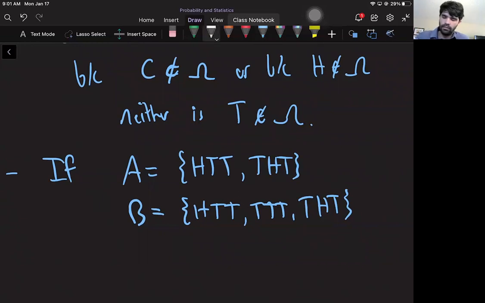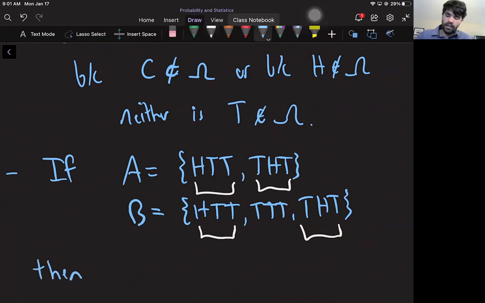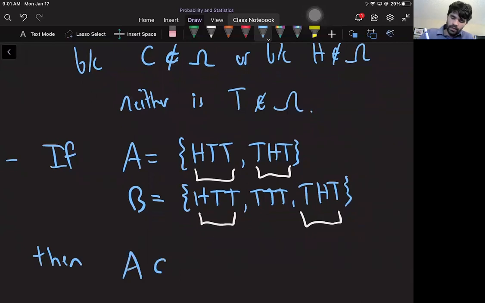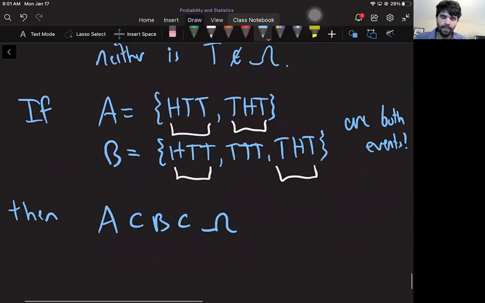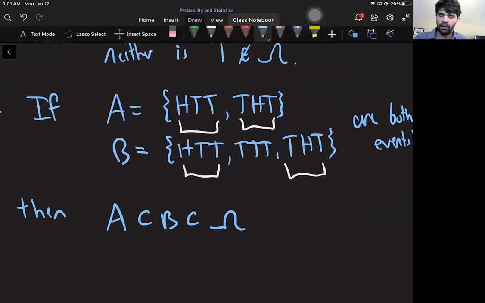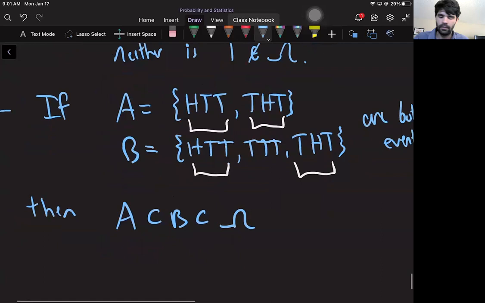So if you notice, B has everything that A does, plus a little bit of extra. It's got one extra thing. So we can also say that A is a subset of B and make a little chain, and that's a subset of omega. They're both subsets of omega. They're both events. So these are both events, but also one is inside of the other because one contains all the outcomes that the other does, plus a little bit of extra stuff.